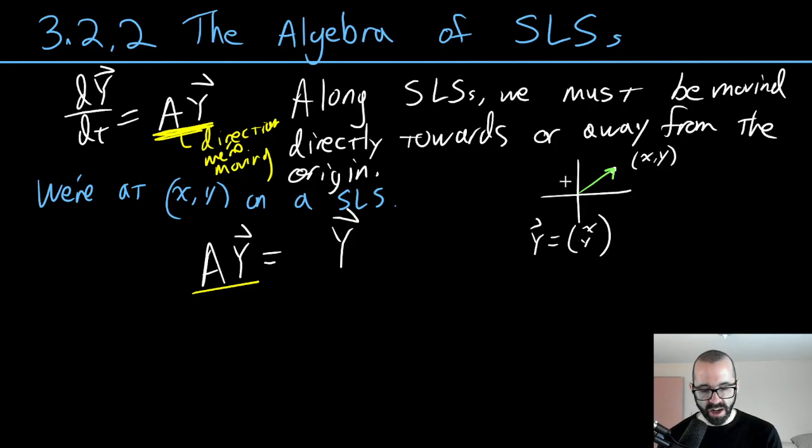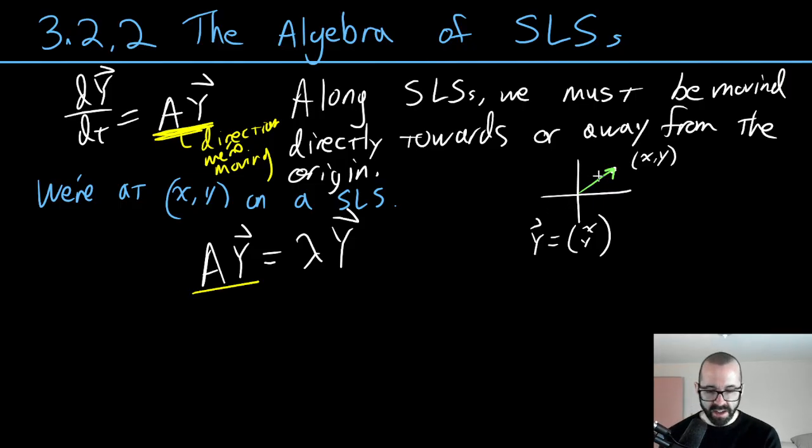And again, this works for any multiple. Let's use the Greek letter lambda to say we can scale this green vector as much as we want, right? It just means it has to move in this direction, directly towards or directly away from the origin. This vector can be scaled positive or negative.